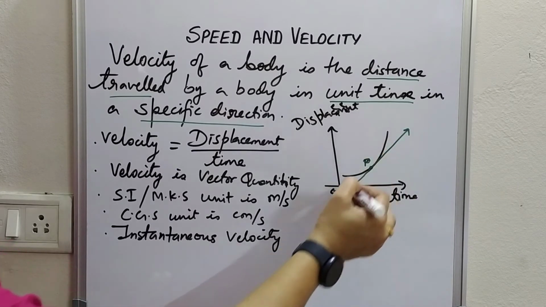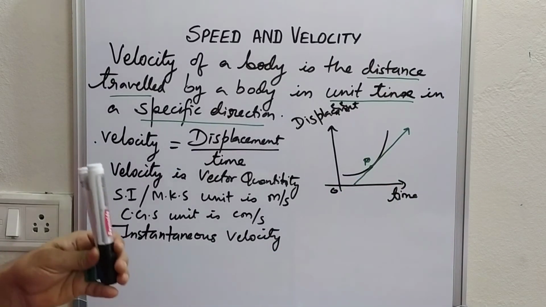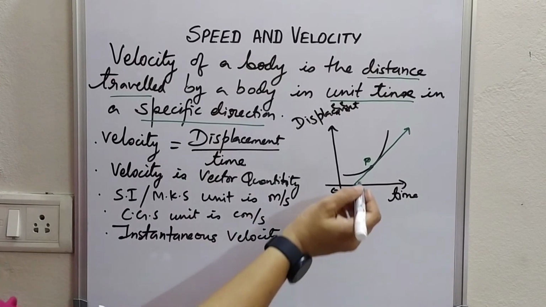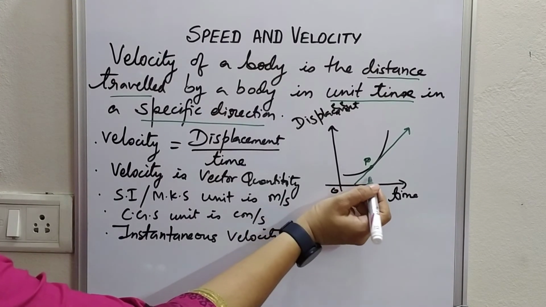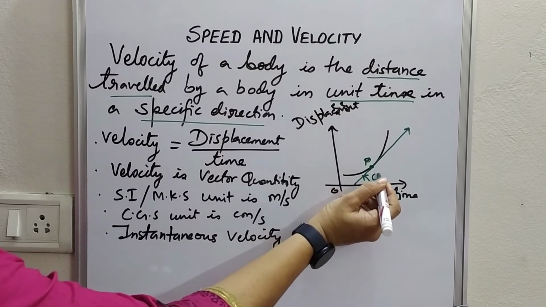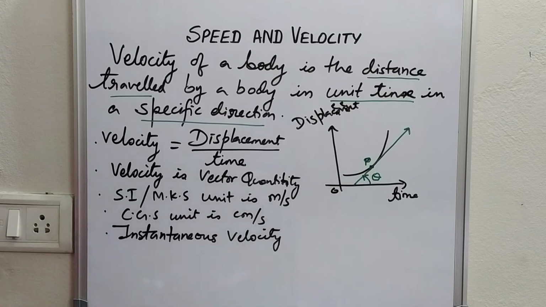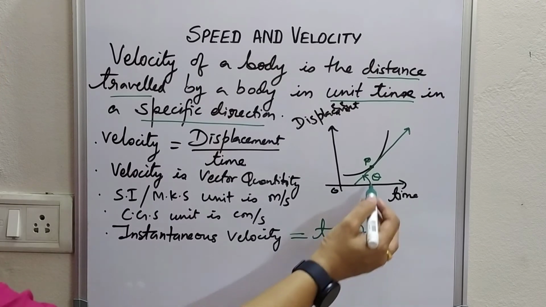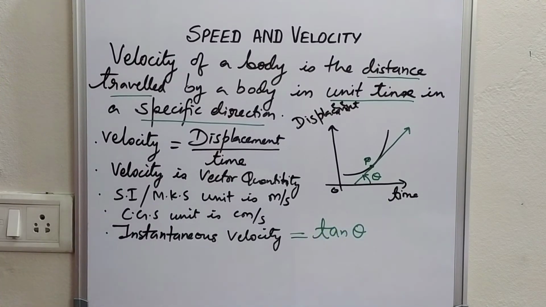So this will be the direction of instantaneous velocity. And we can calculate also instantaneous velocity, means at this point what is the instantaneous velocity, that we can calculate. If we call this angle theta, then instantaneous velocity will be found using tan of theta. Tan of this angle, if we find, that will be the instantaneous velocity.